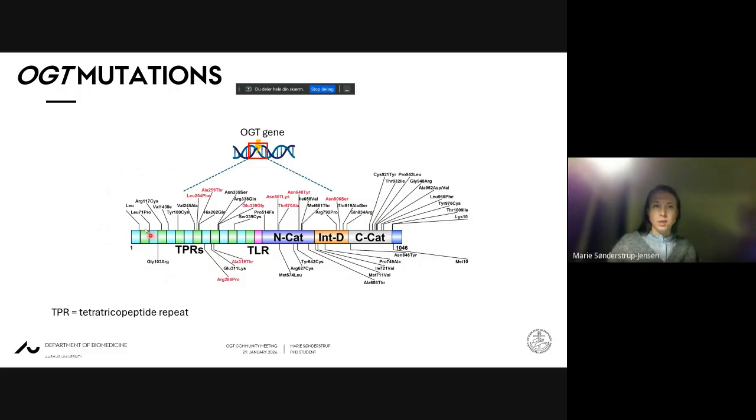And as you can see, all of these are different patient mutations, and they are distributed throughout the protein, and they are also spanning across both of the two main domains. One domain is called the catalytic domain, which is here, and the other one is called the TPR domain, which is here. And they have different functions.